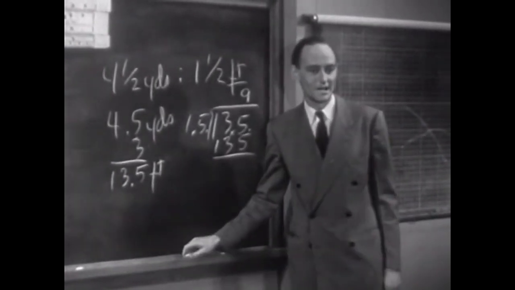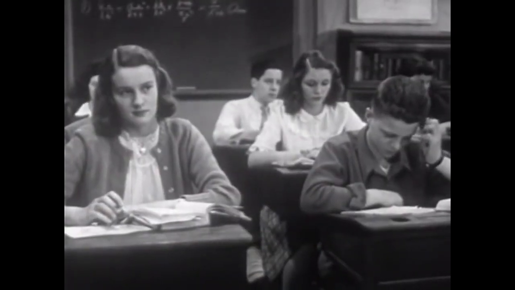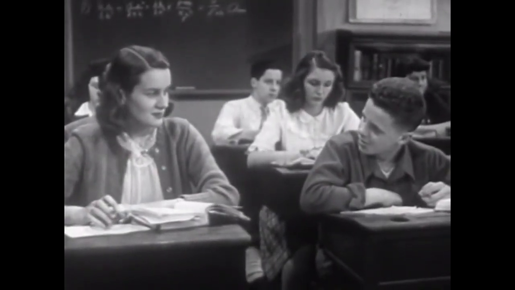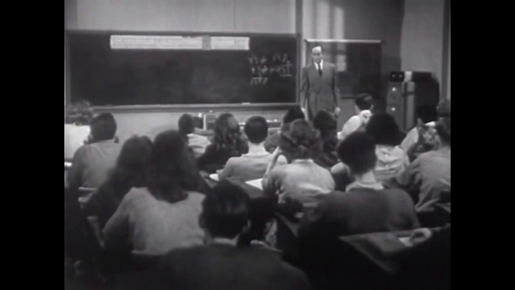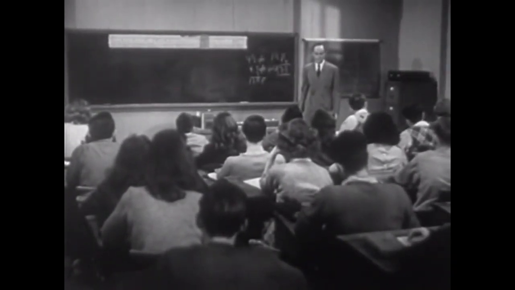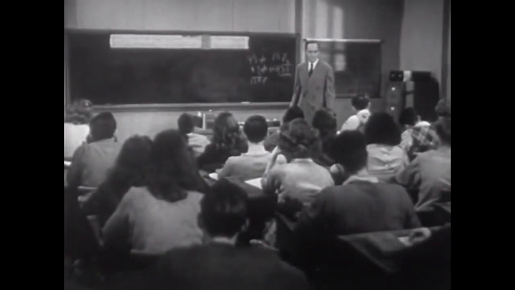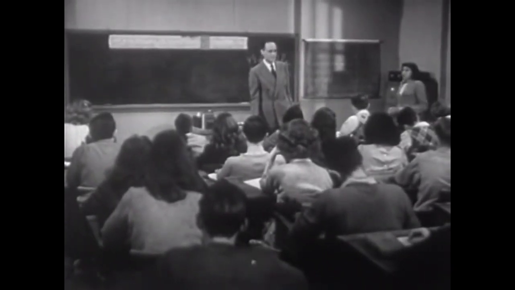The right answer is 9. Wow, I see where I made my mistake. Now, I want you to look over your papers very carefully and see where you made your mistakes. I'll come down the aisles, and if there are any questions, don't hesitate to ask me.